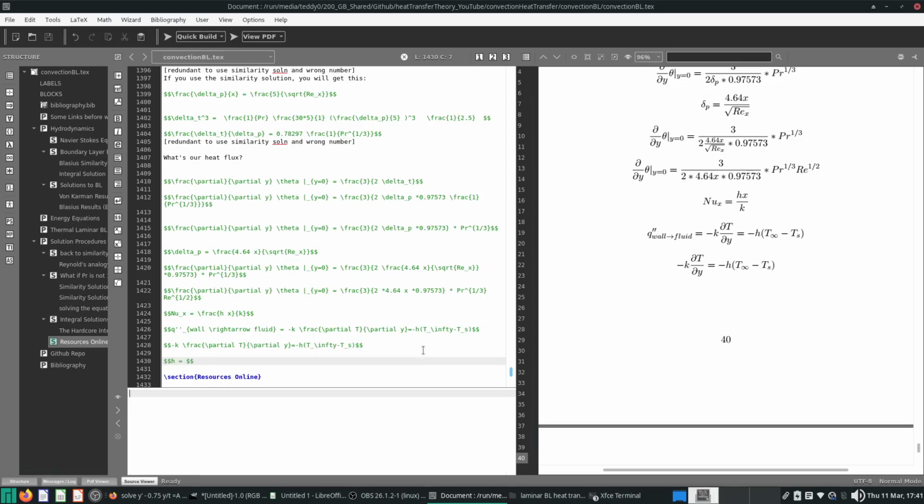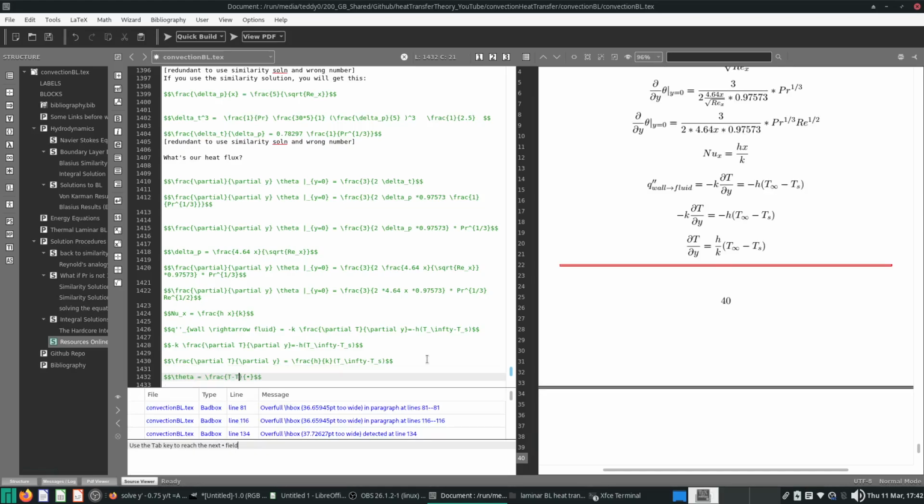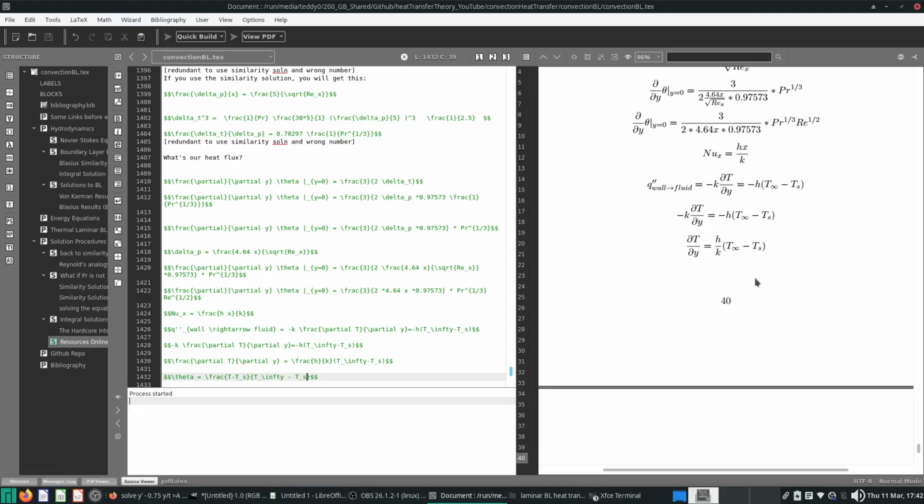So h equals, or rather, partial T partial y equals h over k times (T infinity minus Ts). And remember our definition for theta: theta equals (T minus Ts) over (T infinity minus Ts). This is our theta definition.